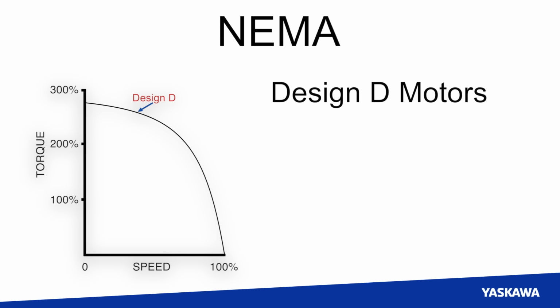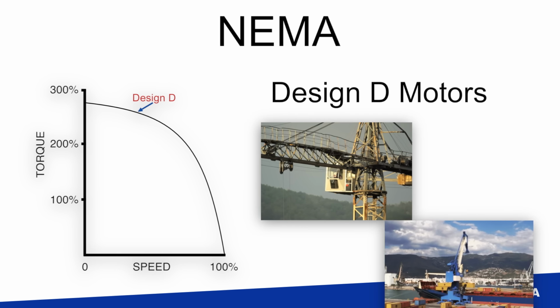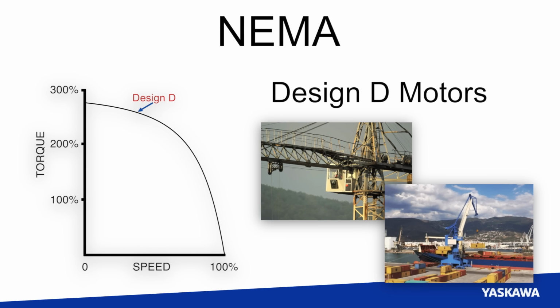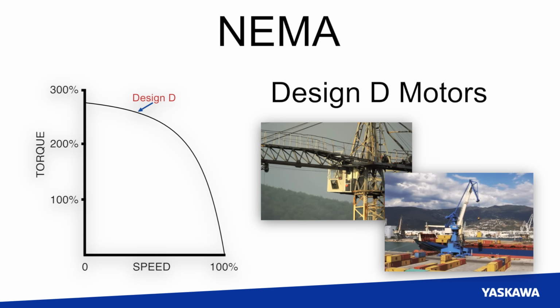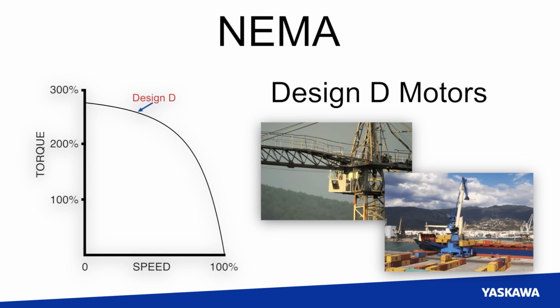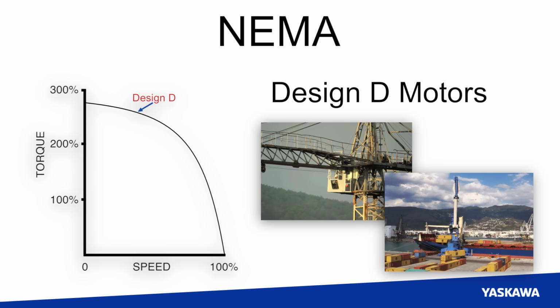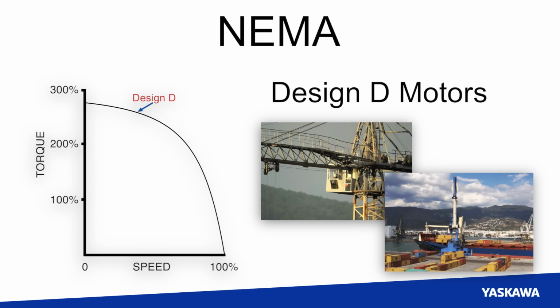Like Design C motors, you'll find Design D motors powering equipment with high starting torque requirements like cranes or hoists. Design D motors are also well suited to high impact loads applications like stamping presses.